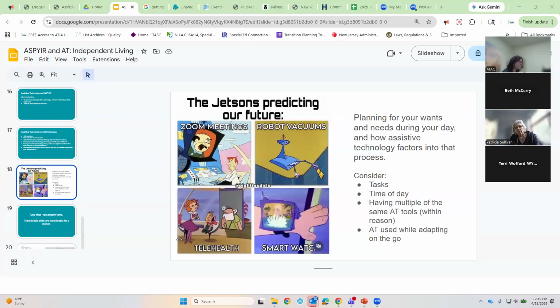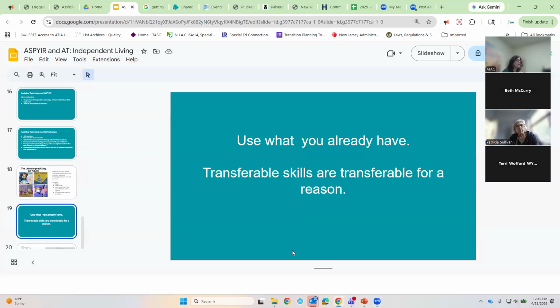Okay. Now, these ideas look simple on the surface, but they're actually not. We want to really use what we already have at our disposal.